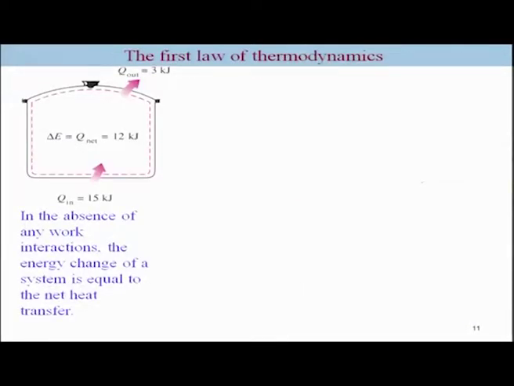Now, take an example of, let us say, a container or a boiler supplied here. In this case, if there is no work interaction with the surroundings, that means no work supplied to it or done by the system, then the energy change of the system is equal to the net heat transfer. That is a statement directly from the first law.